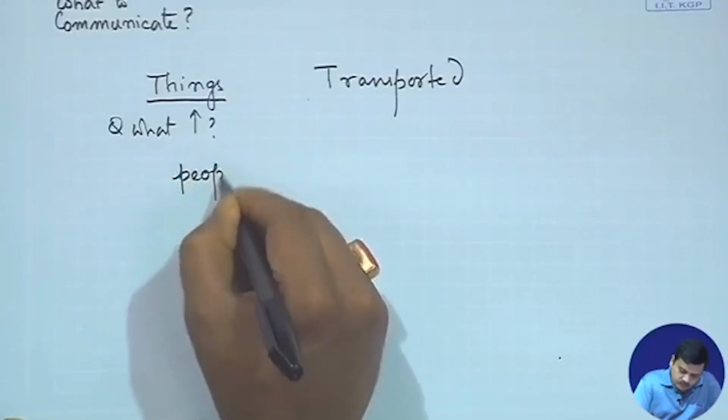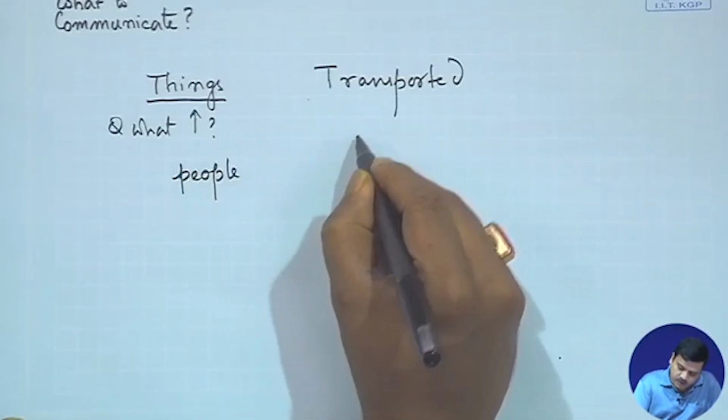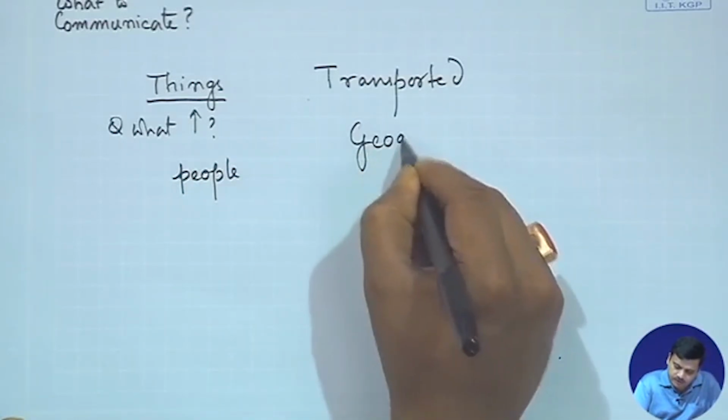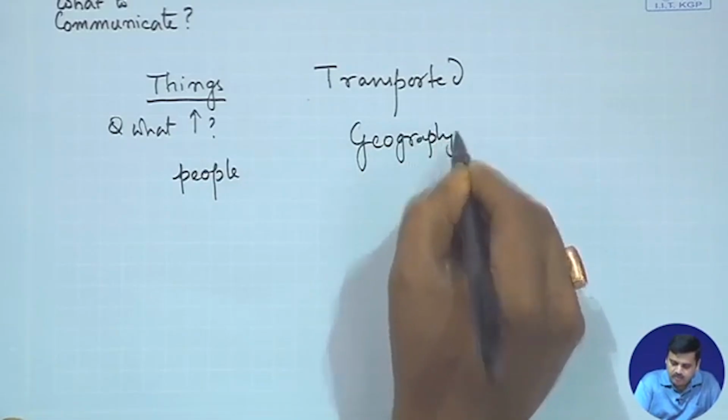The next important question towards designing a solution is this: this particular thing which you have identified, which could be varied, is transported across what? Let us say we are talking about people, to be transported across a particular geography.